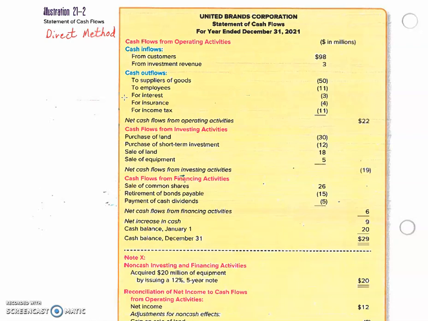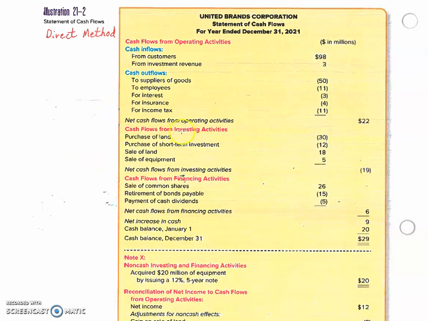So you may have interest expense that is higher or lower than the cash amount you paid for interest. So most of these accounts have some current asset or liability involved that you have to look at the change in balance to figure out exactly how much cash was received or paid from those activities.